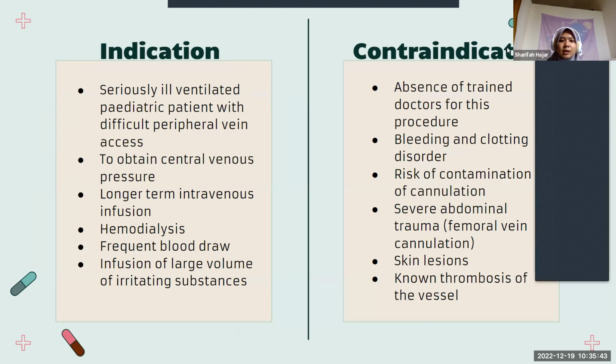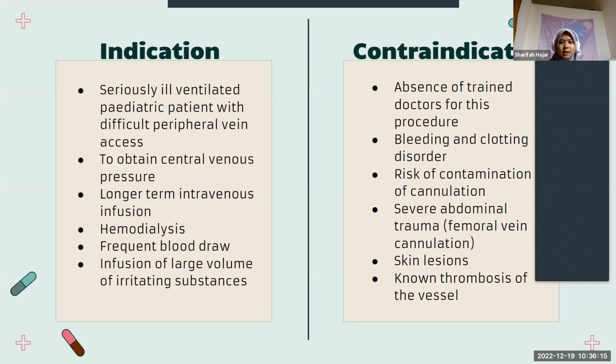Okay, so these are the indications and contraindications. It is indicated in severely ill ventilated pediatric patients with difficult peripheral vein access, when we want to obtain central venous pressure, and it can give longer term intravenous infusion in patients on hemodialysis, in patients that need frequent blood draws, and for infusion of large volumes of irritating substances.